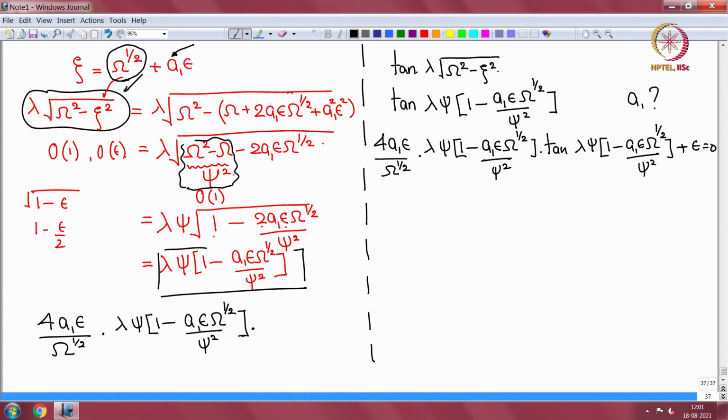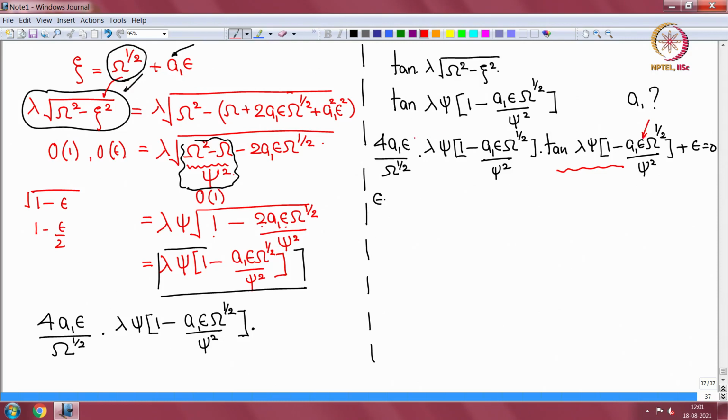Now I will pull out first the coefficient of epsilon in this. So this is a total tan term, with epsilon inside it. We can't touch it anyway.